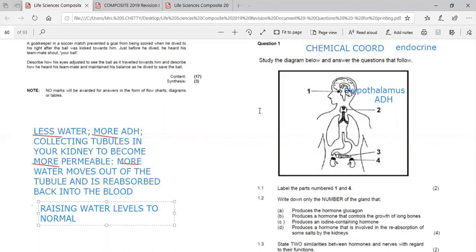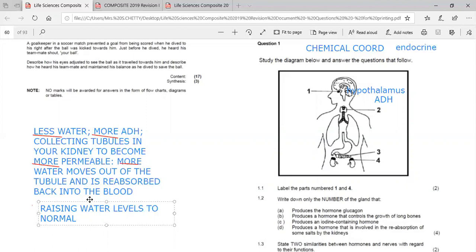Now if there's a lot of water, less ADH is released into the blood, collecting ducts become less permeable, less water moves out of the tubule, and less water is reabsorbed back into the blood, dropping the water levels to normal. Because if less water goes out of the tubule, more water remains in the urine, so you pass out loads of urine.